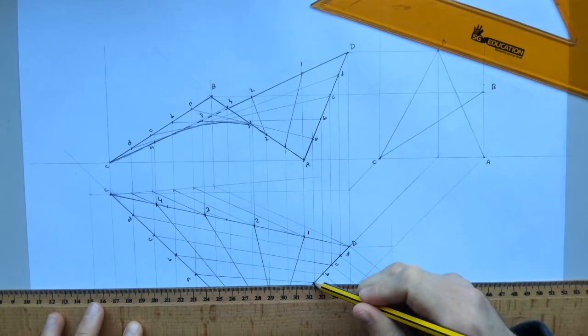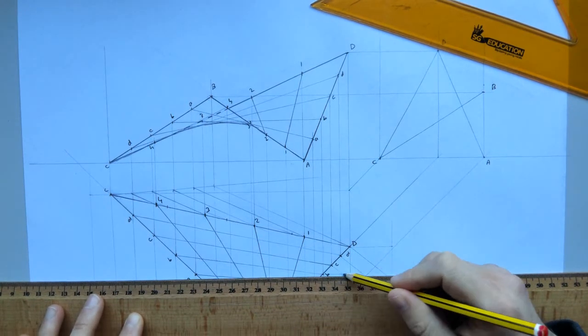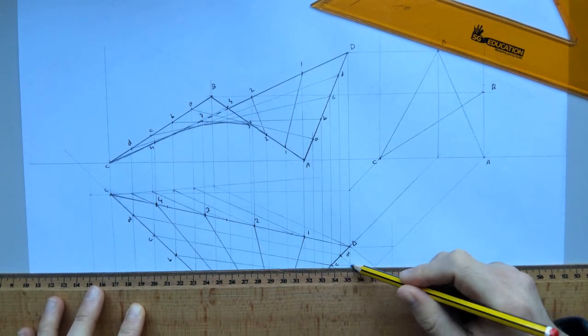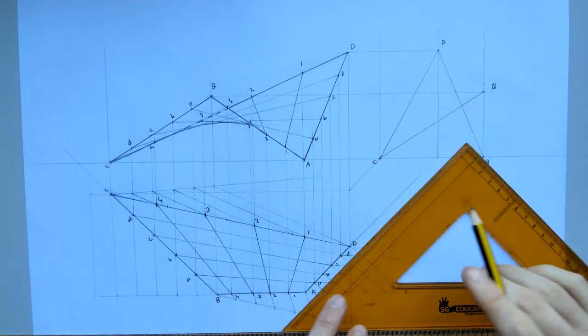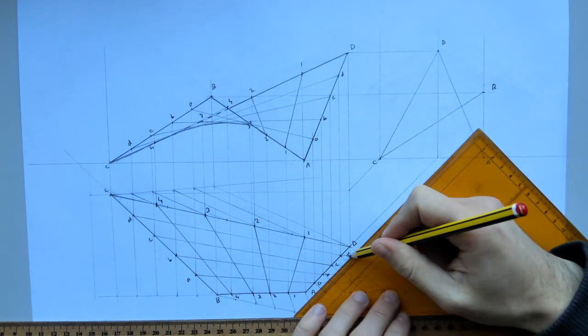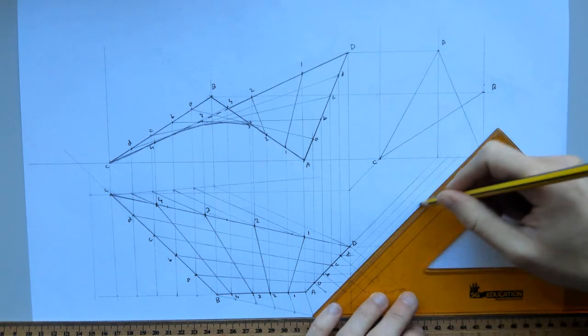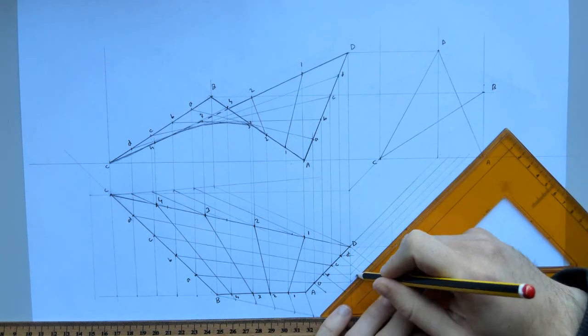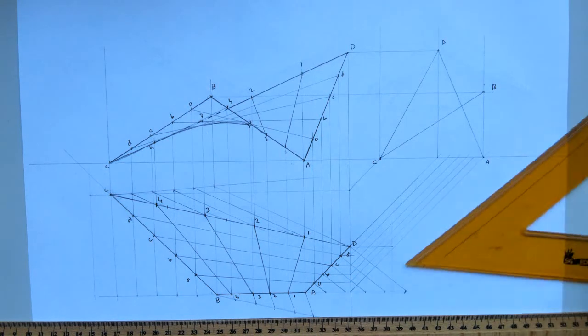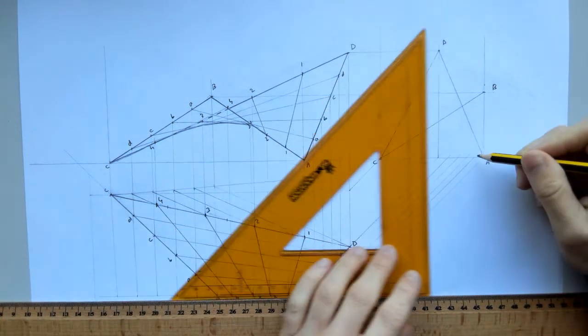So I take A across, B across, C and D, taking them up at 45 degrees. And up to the line AD.